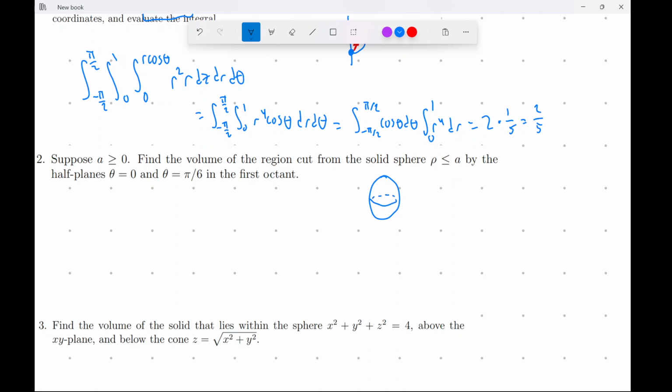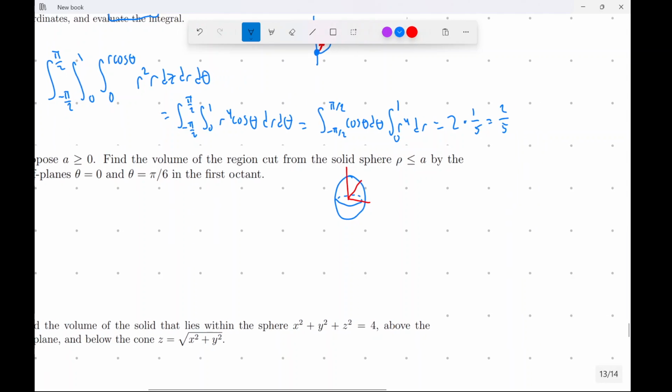We just want the first octant, so we might even want to imagine that we just have a hemisphere like that, and it's cut between the half planes theta equals 0, that's here, and theta equals pi over 6, that's here.